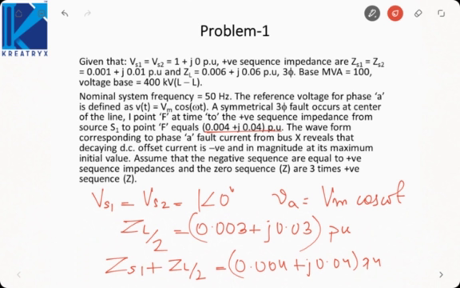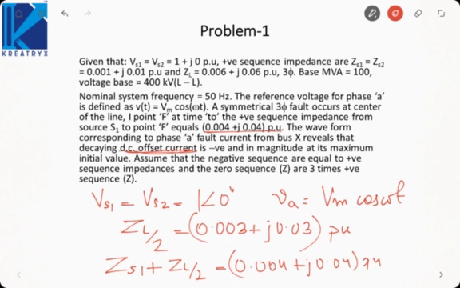The waveform corresponding to phase A fault current from bus X reveals a decaying DC offset current. Whenever we study the fault current, there are two components, transient and steady state. It is saying the waveform has a DC offset current that is negative. So this is actually the transient current, and in magnitude it is at its maximum initial value.